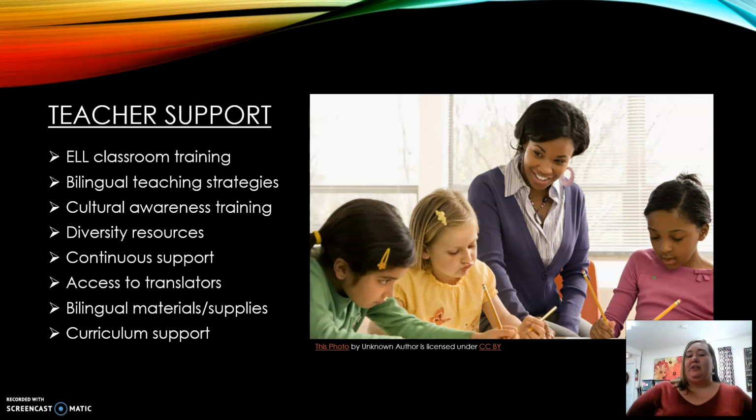Make sure that our teachers have access to translators when needed, provide bilingual materials and supplies, and help with curriculum support.